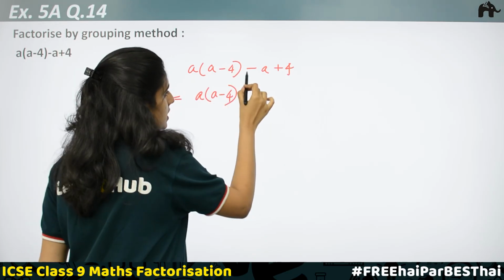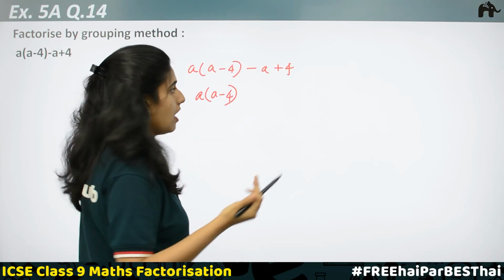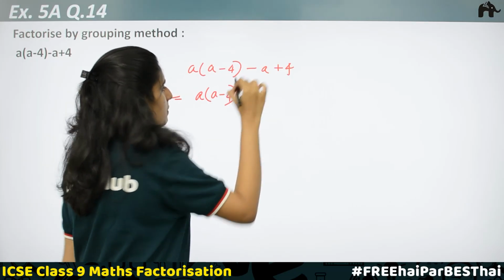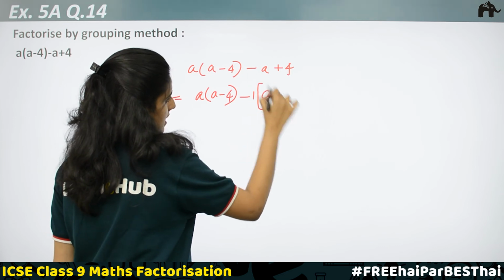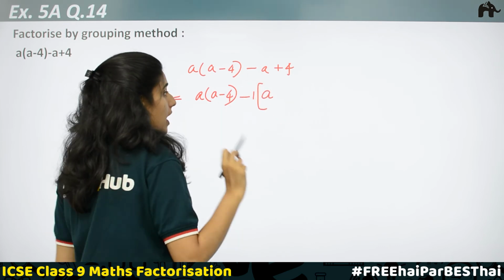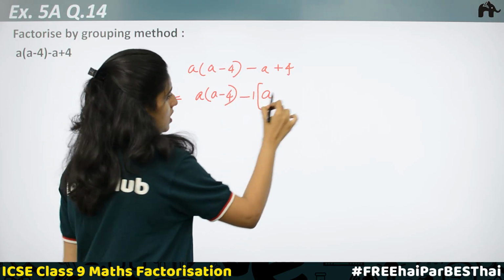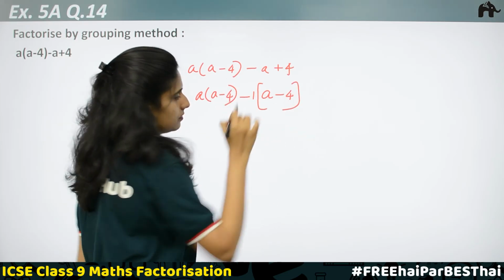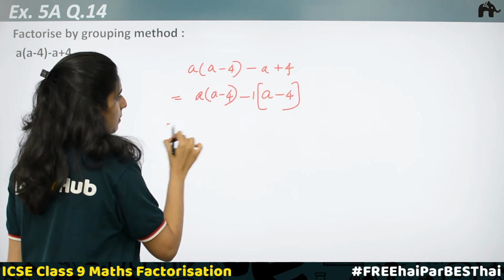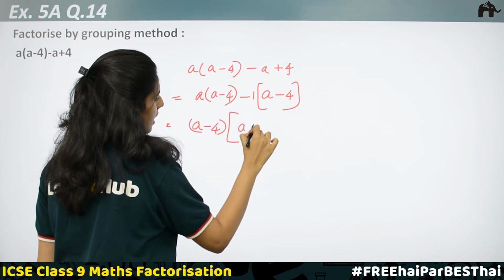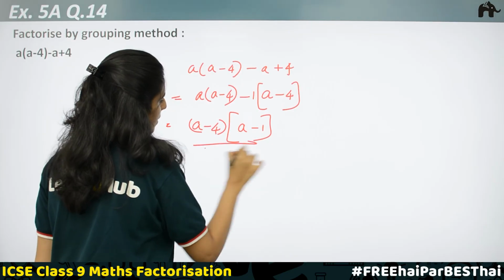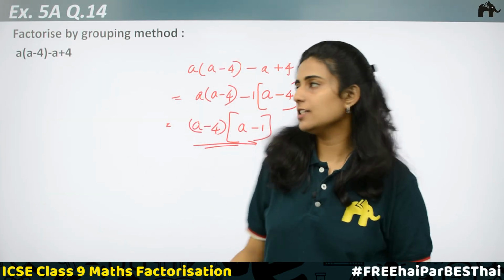Now this can be written as, I am taking out minus 1. When minus 1 is taken out, minus 1 into a is minus a, minus 1 into minus 4 is plus 4. So minus 4. Okay. We got the common factor. a minus 4 is common. Taking out a minus 4, remaining a minus 1.